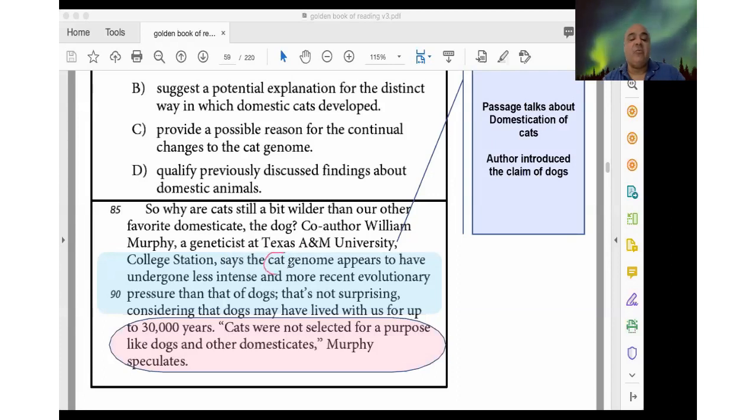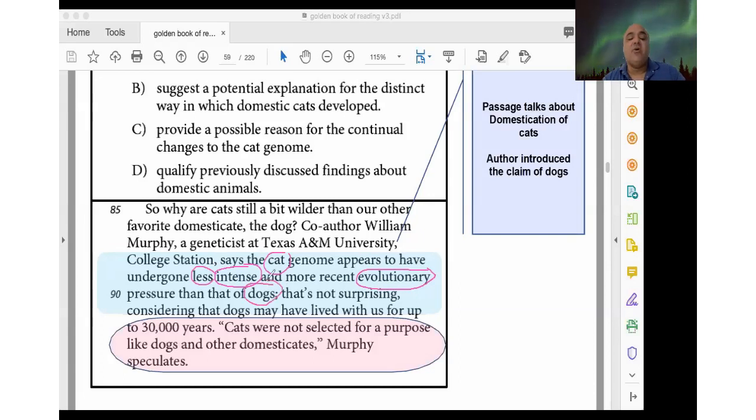The cat genome appears to have been through less intense, a more recent evolutionary pressure. There is a recent evolution, and it is also less intense than that of dogs.